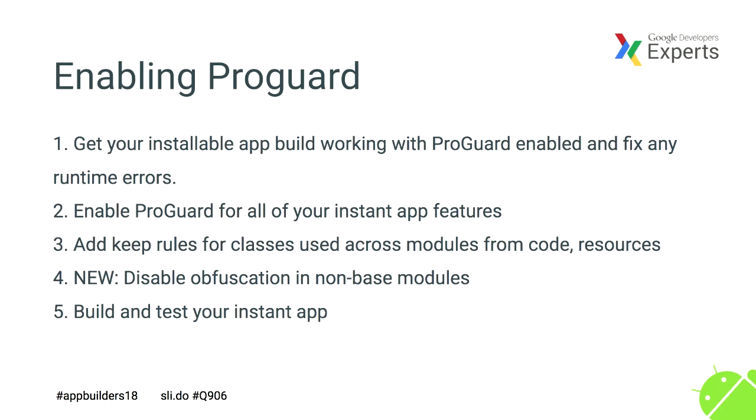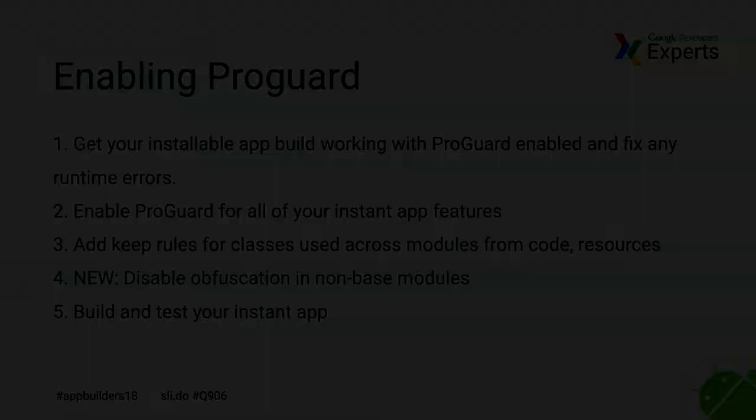Because of this, you should keep the classes that will be used in features in the ProGuard file of your base feature. And also, if you have multiple features, and if you are using obfuscation, then some classes may be renamed to the same name. So unfortunately, you shouldn't activate obfuscation in non-base modules.